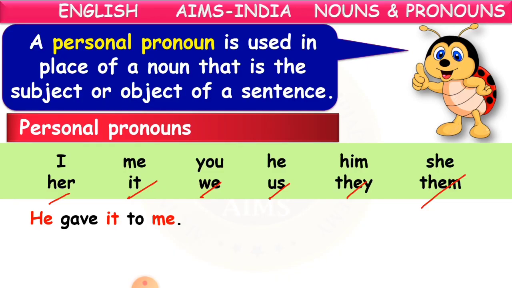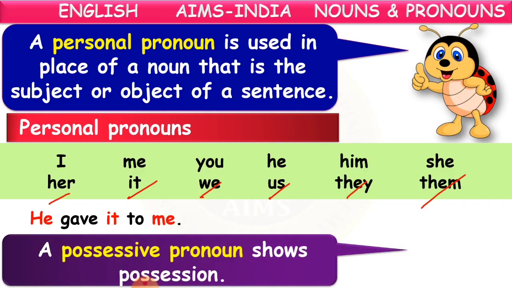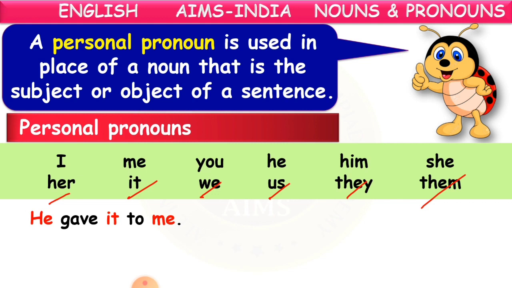You have a sentence and some words are written in red, highlighted color. He is a personal pronoun. Instead of nouns, we used this.